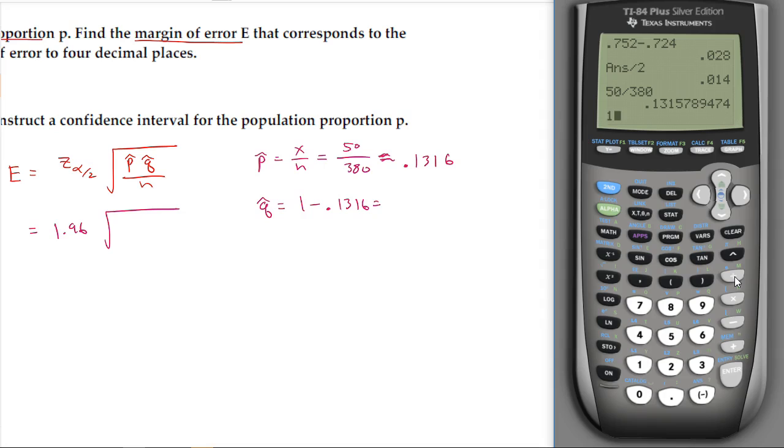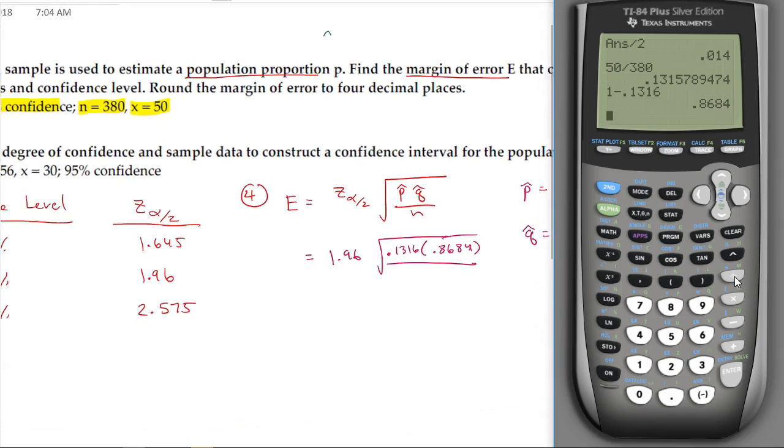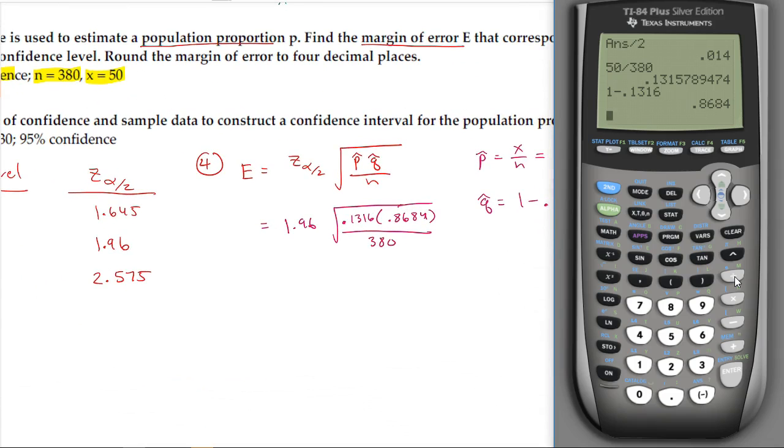Q hat is always equal to 1 minus p hat. So let's do that. So 1 minus 0.1316. So Q hat is approximately 0.8684. All right, so let me just put those 2 values in. So that's 0.1316 times 0.8684. And then we're going to divide by n. So n is 380. And then once I evaluate this, I'm going to round to 4 decimal places.